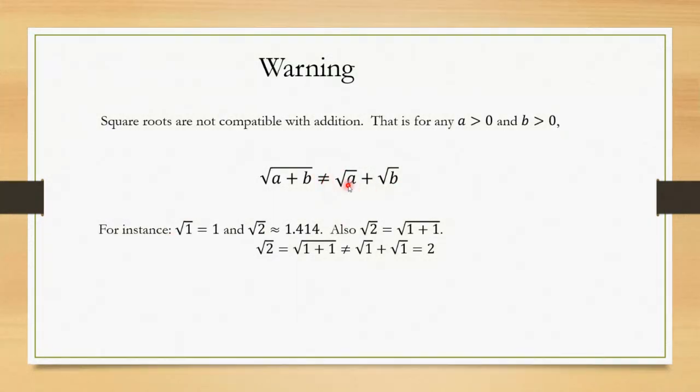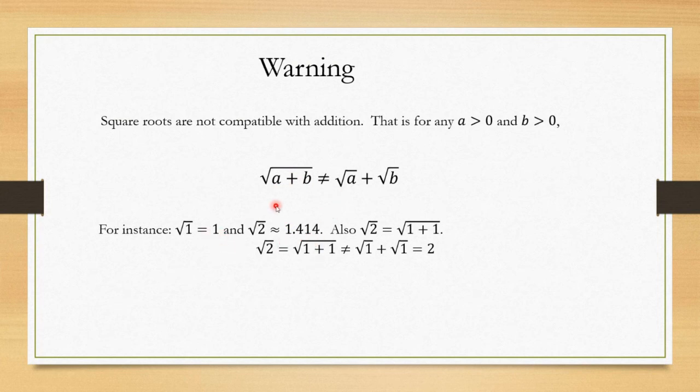The square root is not compatible with addition. If you have two positive numbers, A and B, the square root of A plus B is not the square root of A plus the square root of B. I actually illustrate a special case.